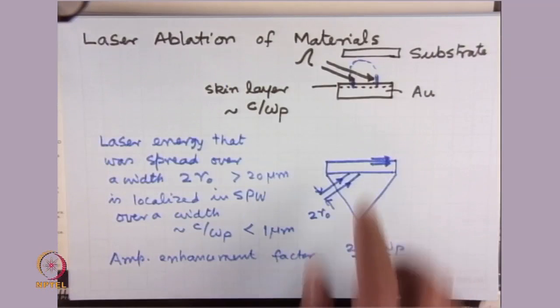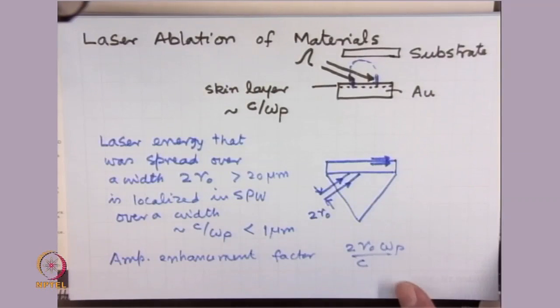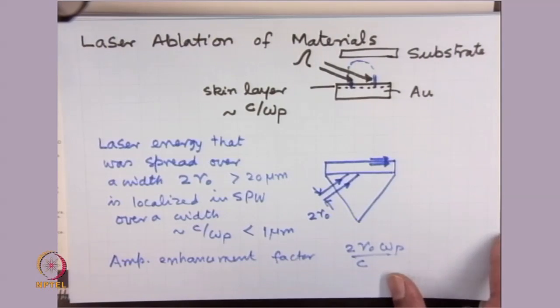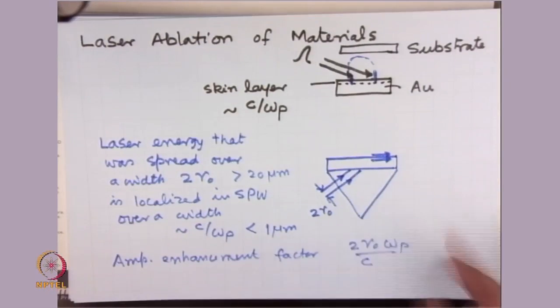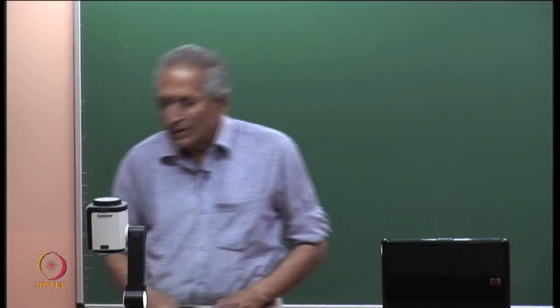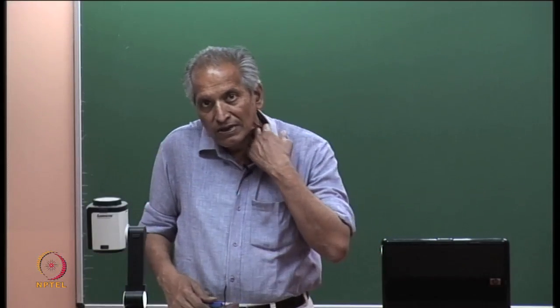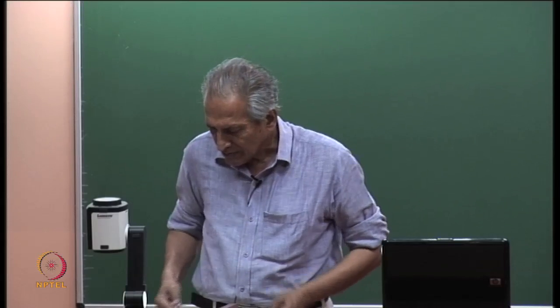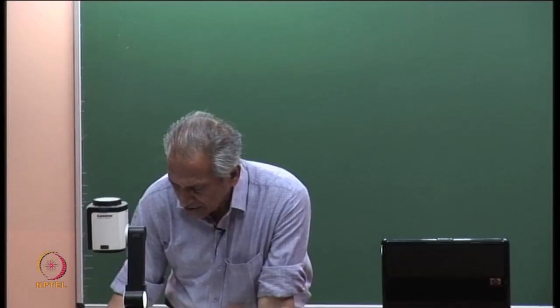I think that is a very interesting application of surface plasma wave. Finally, I would like to tell you one more application of this in material processing, by plasma processing of materials.